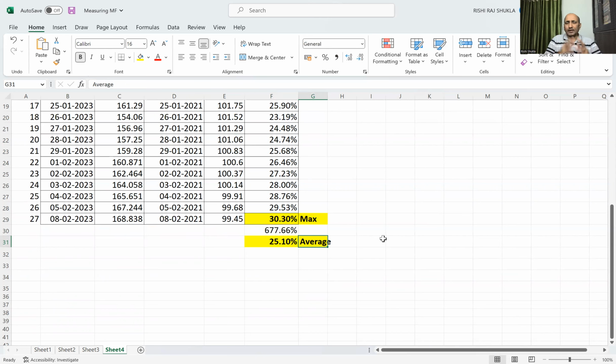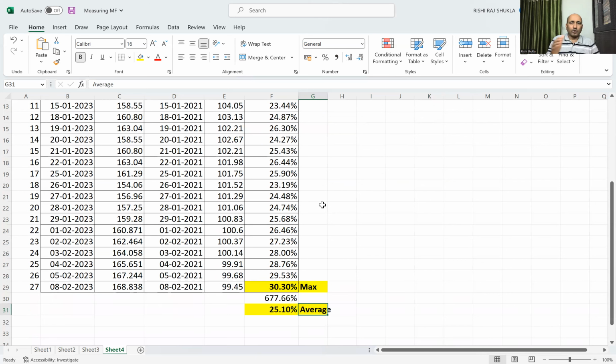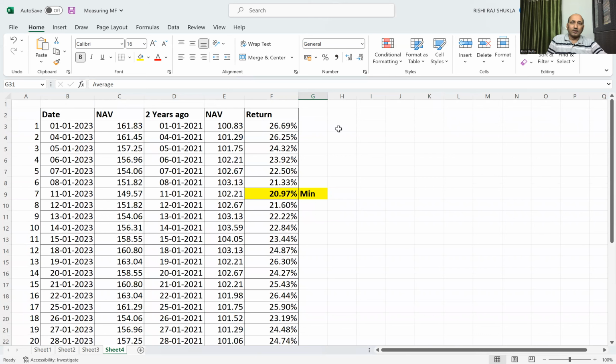So we can now safely say this return is 25%. Your friend can expect 25% plus or minus. We can see it going to 30 and on the back side around 21. So around 5% fluctuation is there. So in between, he can expect a return, not exactly as this first one is 27%. It depends on which day he invests and which day he redeems. Even after 2 years, it can be more or less.